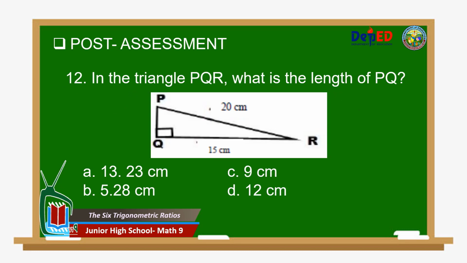In the triangle PQR, what is the length of PQ? A. 13.23 centimeters, B. 5.28 centimeters, C. 9 centimeters, or D. 12 centimeters.